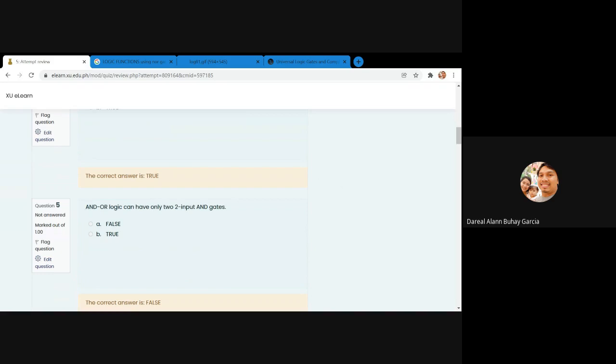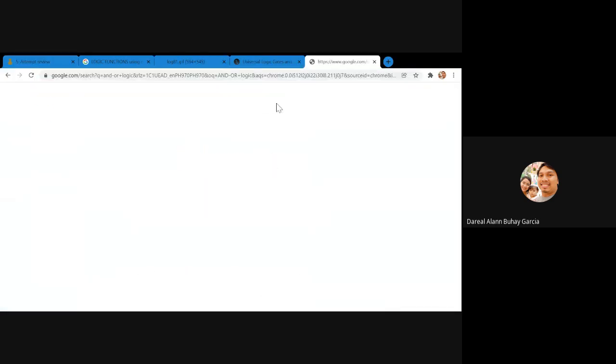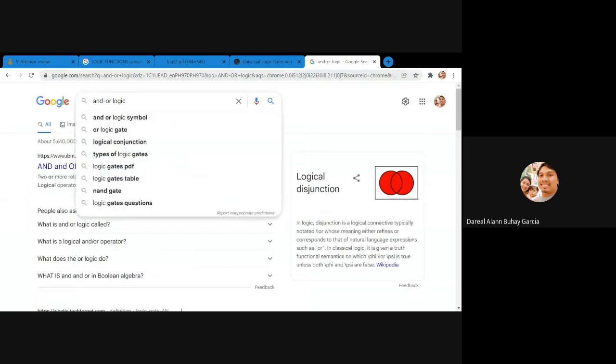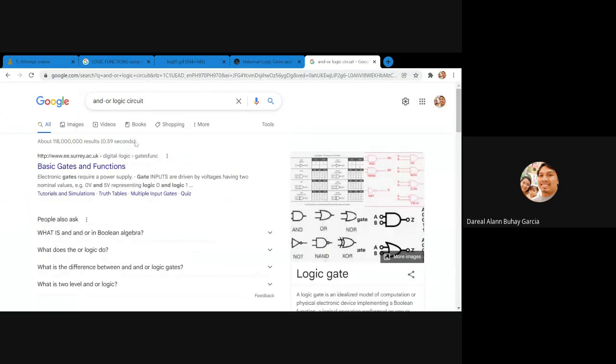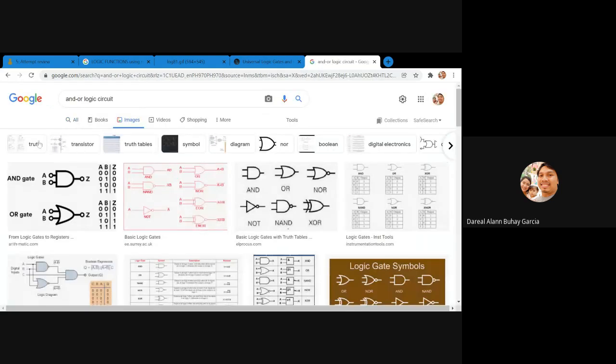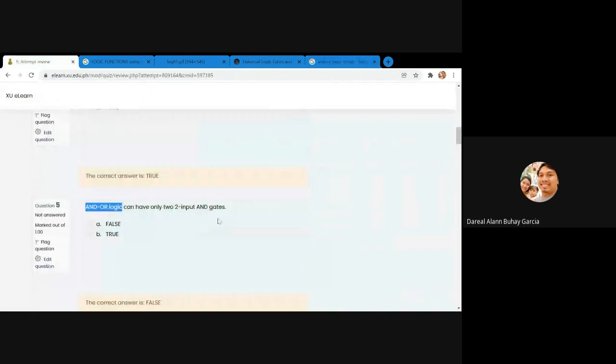AND OR logic is usually kanang gina-implement nato sa atong SOP, no?